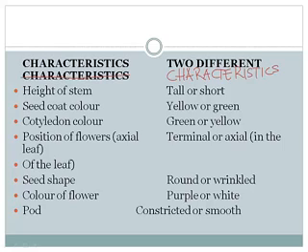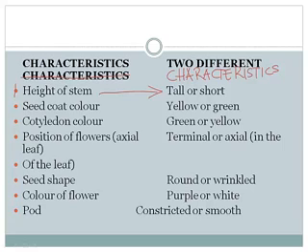Now, the characteristics that Gregor Mendel discovered in his experiment: the first was the height of plants. After the experiment, he discovered that the height of the stem was either tall or short.